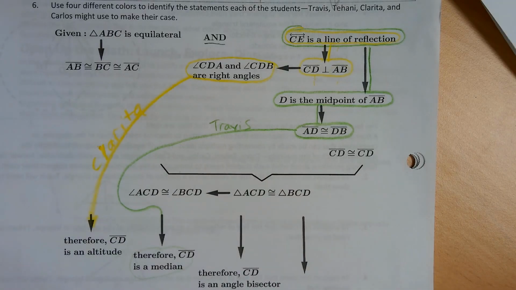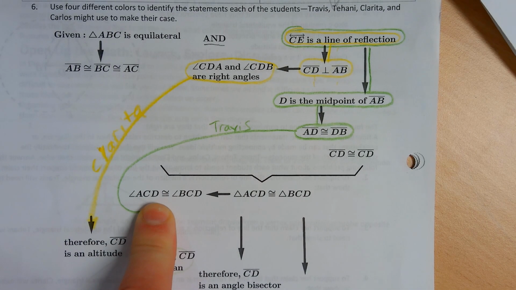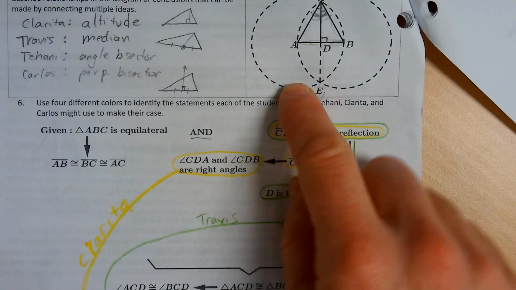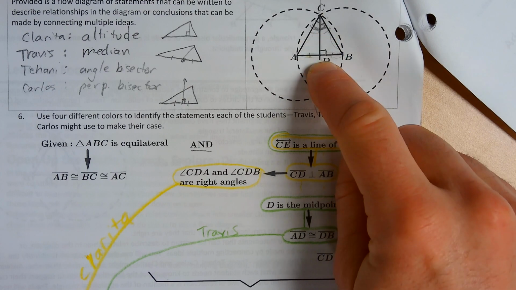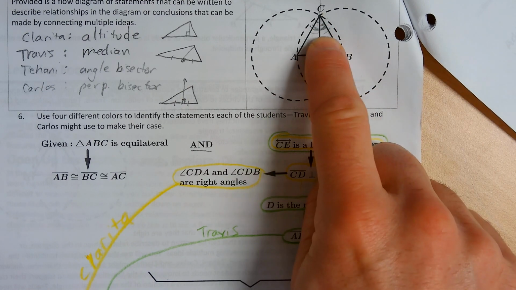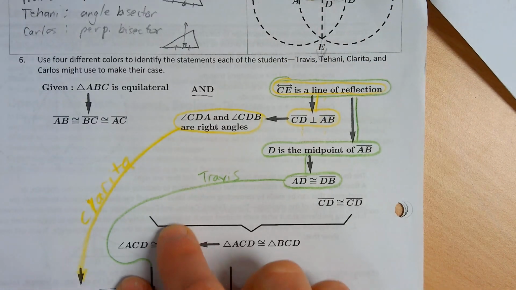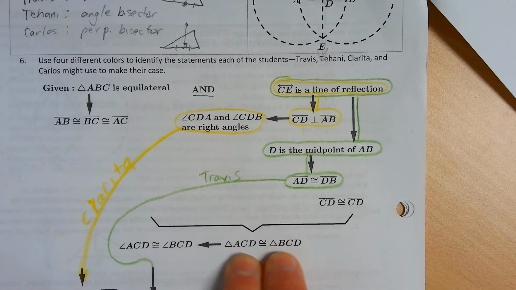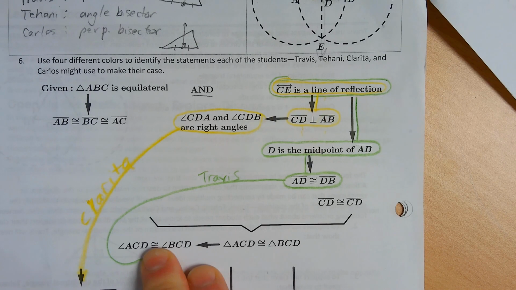It's kind of more difficult. ACD, BCD. So those are the things we need to prove congruent. That's in the flow diagram right here. How do we get to that flow diagram? Well, first we have to prove that the triangles are congruent to get that those angles are congruent.